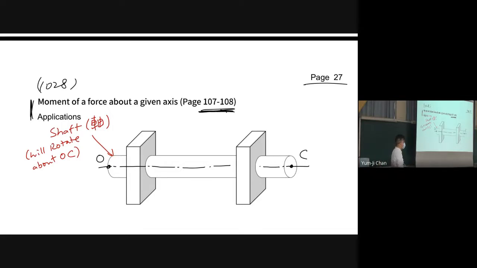And in the following 5 minutes, I will use this notation. This one is force, and this one with double arrow means moment vector.